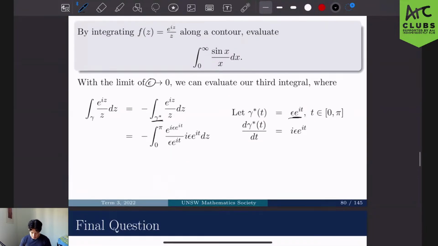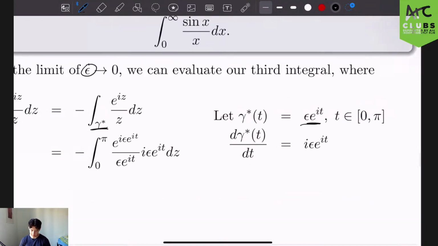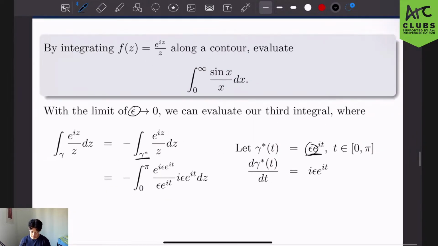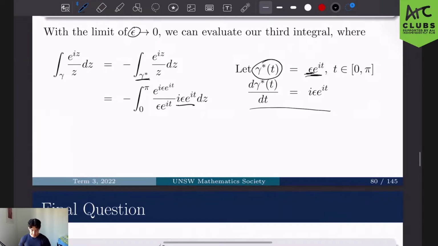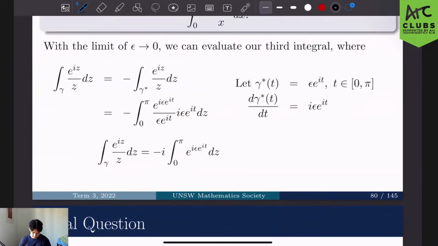Going back, that's why we picked the reverse, and we let it equal this, where this is the semicircle and this is the radius. Then we differentiate and substitute into the formula from before: the reverse contour as our z, multiplied by the derivative. After some simplification we are left with this.